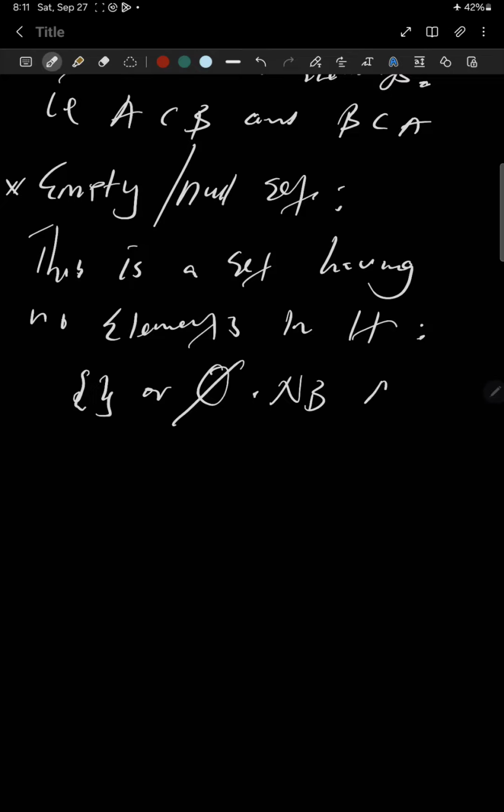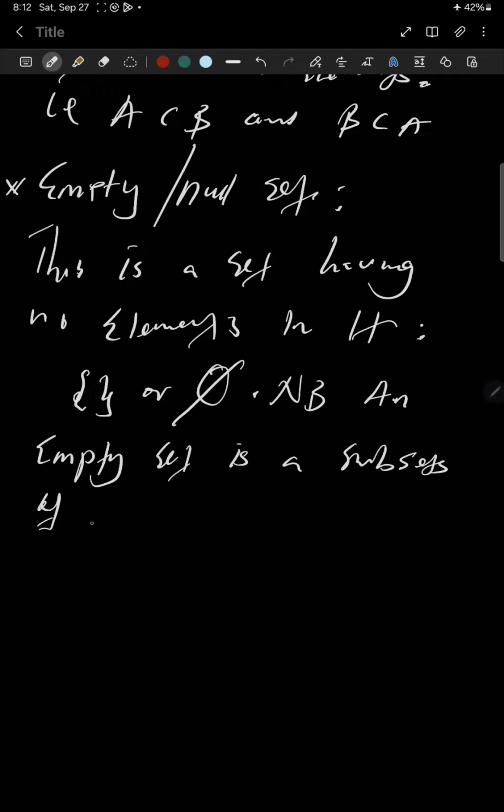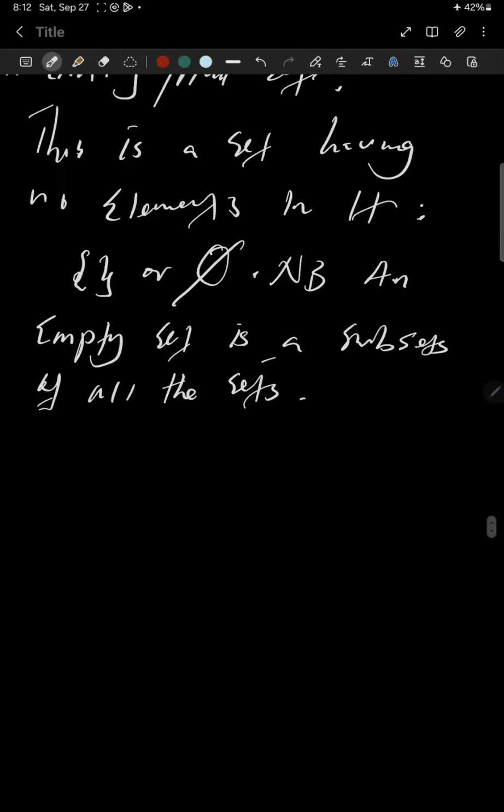Note that an empty set is a subset of all the sets. In other words, it's found in every set.